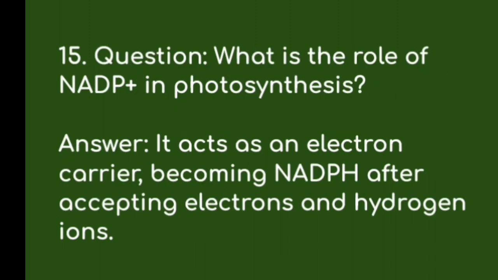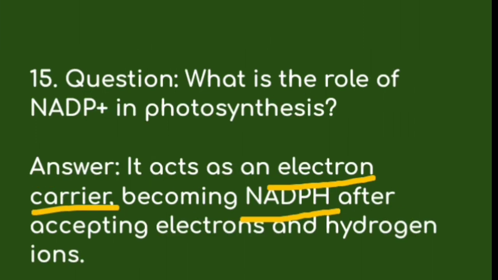Number 15. What is the role of NADP in photosynthesis? The answer is it acts as an electron carrier, becoming NADPH after accepting electrons and hydrogen ions. Number 16.